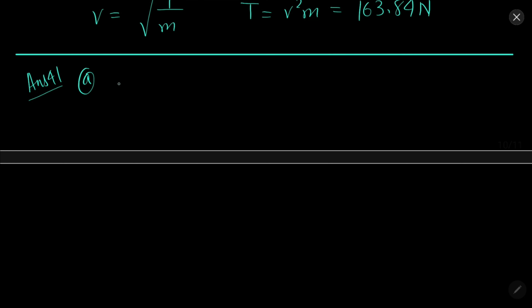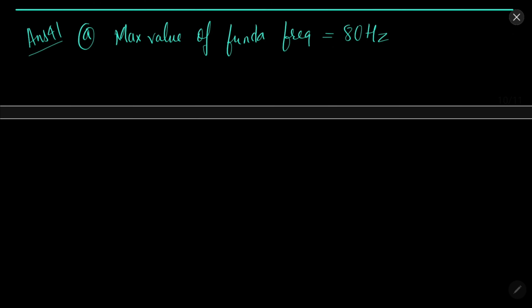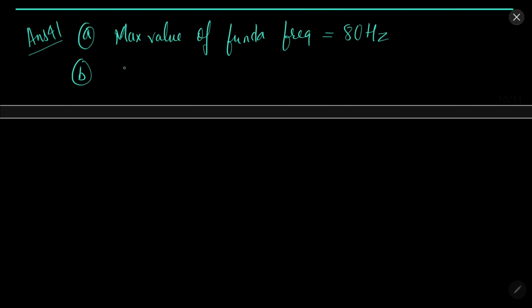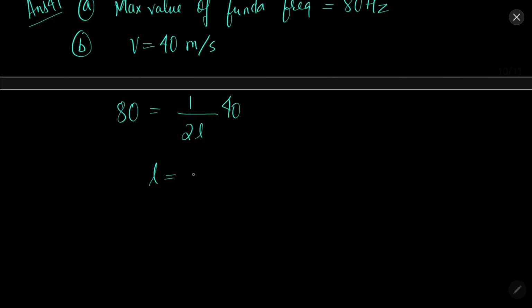So A part, maximum value of fundamental frequency can be 80 hertz, because 240 and 320 can both be divided by 80. Wave speed v equal to 40 meter per second, so 80 equal to 1 over 2L into 40, so from here L will come out to be 0.25 meters.